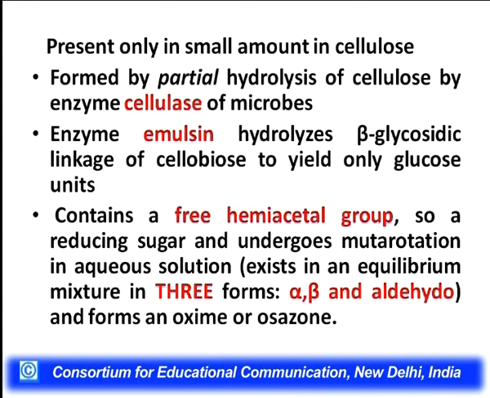And since cellobiose contains a free hemiacetal group, it is a reducing sugar. It will undergo mutarotation in aqueous solution, and it will exist in an equilibrium mixture of the three forms, that is the alpha form, the beta form and the aldehydo or open chain form, and it will also be able to form oximes or osazones, which are the characteristic reactions of a free aldehydic group.